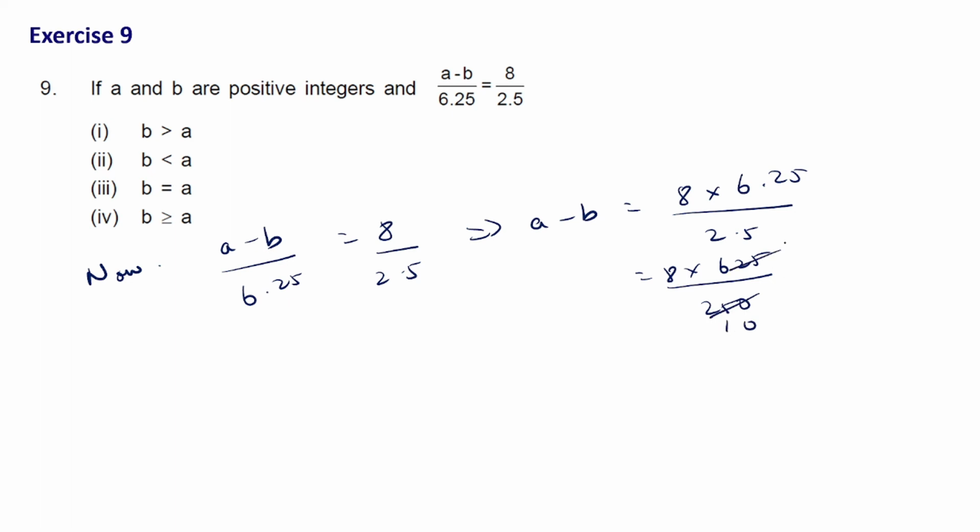So this will go in 25 10 times and this one 25 times. So again in 5 it will go. So we get a minus b is equal to 20, or a is equal to b plus 20.